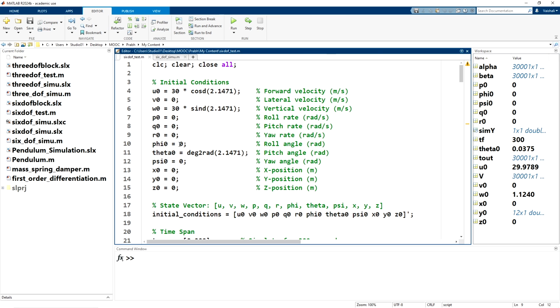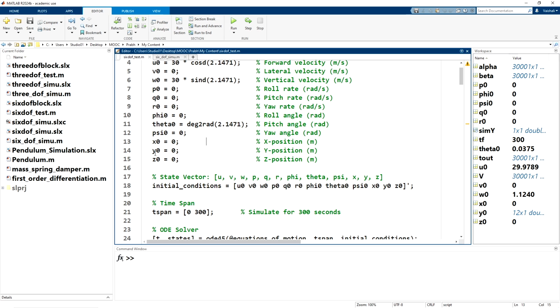Similarly, the lateral parameters, phi naught I am considering as 0, that is the initial roll angle, and the initial yaw angle, and theta naught remains the same, that is the initial alpha, equal to 2.1471 degrees, and initial positions x naught, y naught, and z naught also I am considering as 0.